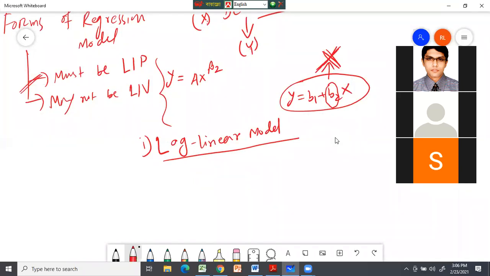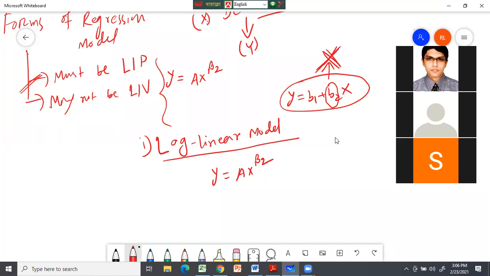When you are given an equation like this, y equal to a x to the power beta 2, this is an equation where the independent variable x is in non-linear form, because the power on the x is not equal to 1. If it is equal to 1, then it is actually linear form. But as we are saying that it is a non-linear form of the variable, the exponent value on the x would be other than 1.